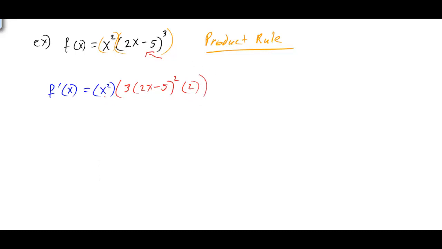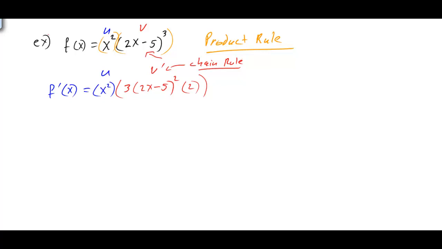Again, if you think of the product rule, this is u, and this is our v. This is then u times v prime, but keep in mind, v prime requires the chain rule.